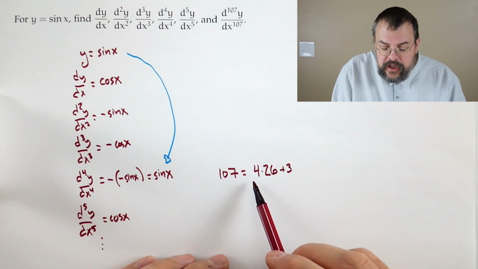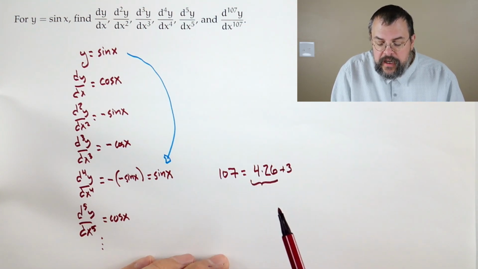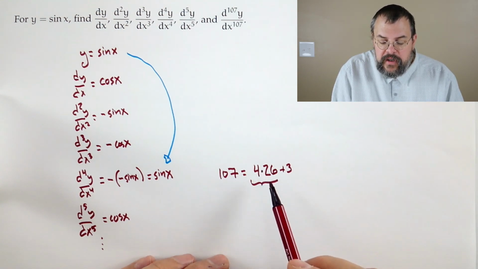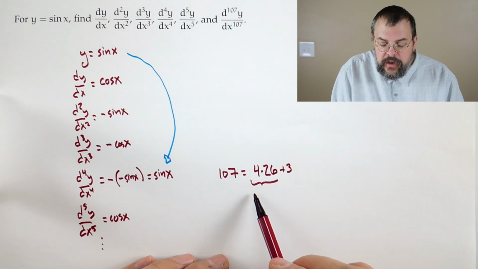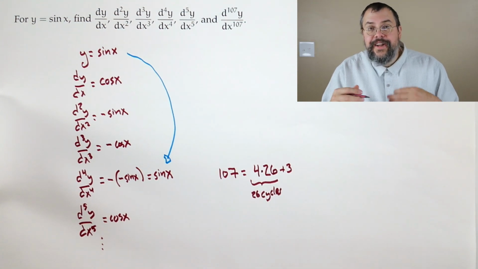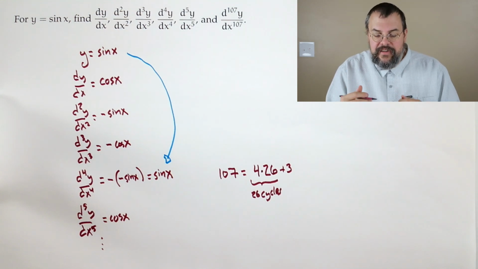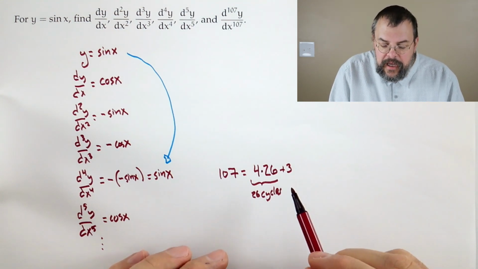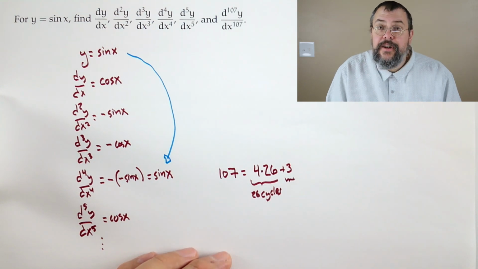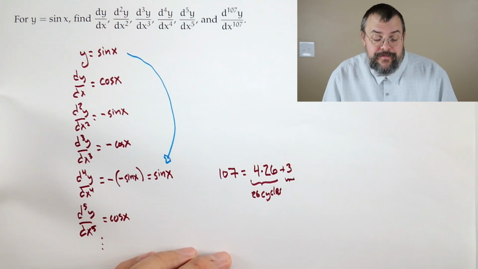So here's the thing. We know that every time we take 4 steps, we get back to where we start. So we're going to go through 26 cycles where we're going through the sine, cosine, negative sine, negative cosine, and after we've gone through 26 cycles, then we're going to take 3 more steps.